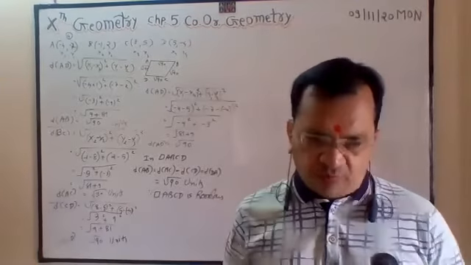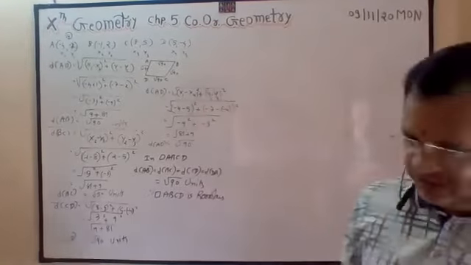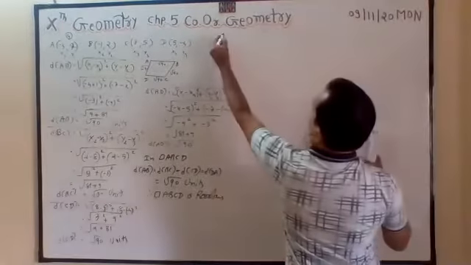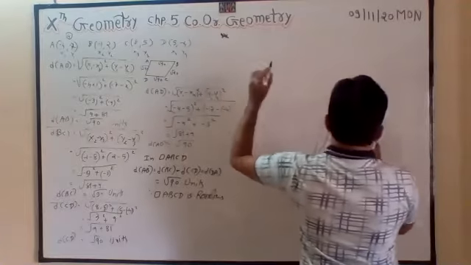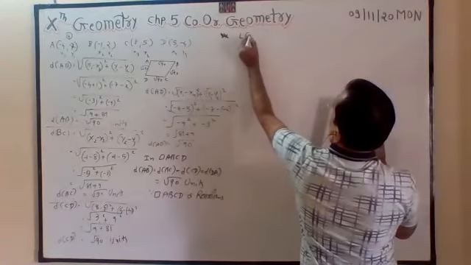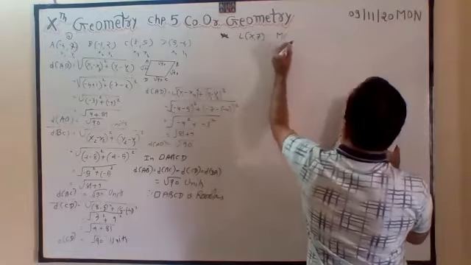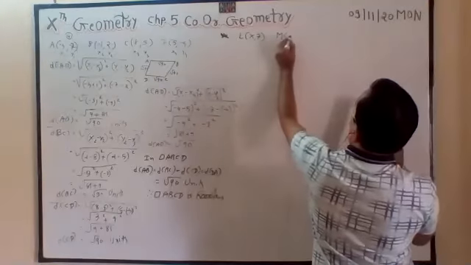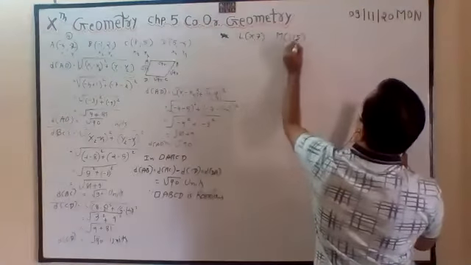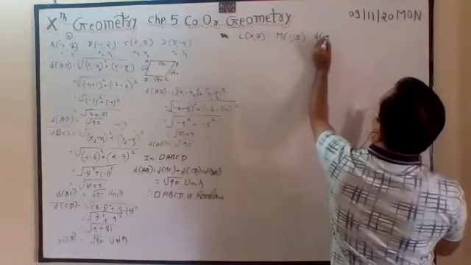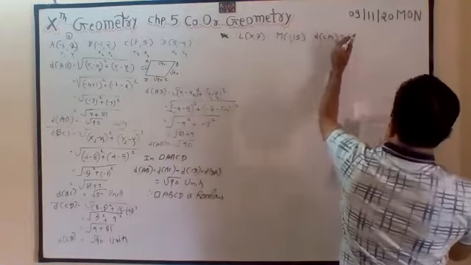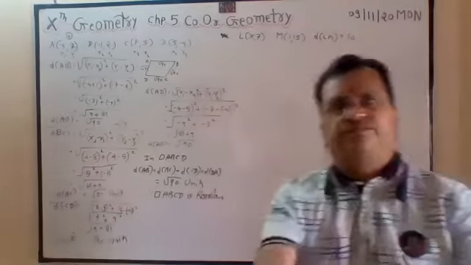Find x if two points are given and the distance is given. This is interesting and important. L(x, 7), M(1, 15) and distance LM is equal to 10.